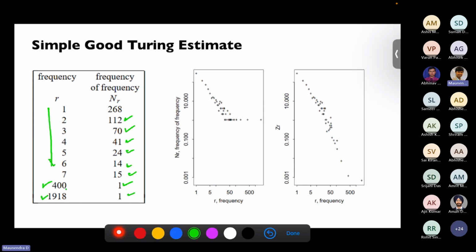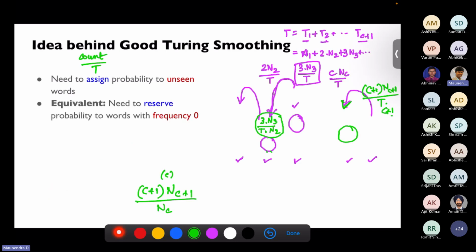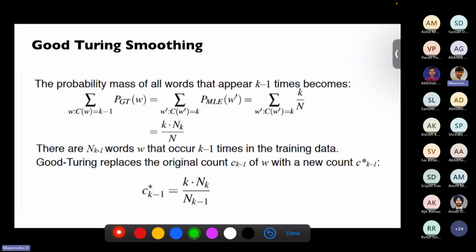However, when we talked about binning and so on, we said that n1, n2, n3, nc. So for each count there is a bin. Now what happens if there is no bin for one count? For everything here the probability was 0, but now when we are shifting this to the previous bin, for that previous bin the frequencies are and the probabilities become 0 now, which is again not desired. That defeats the basic purpose of smoothing.